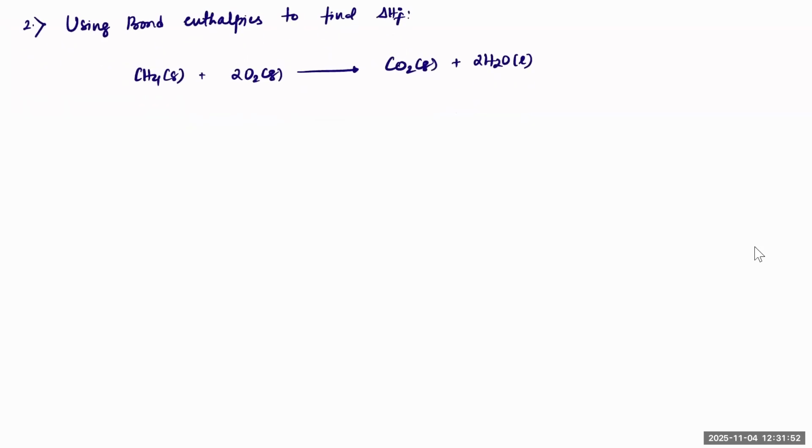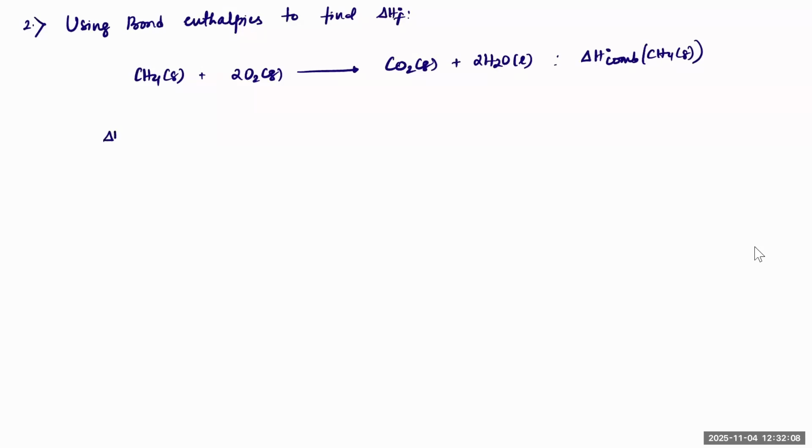This is a good example to understand. This is delta H naught of combustion of methane. Now you notice the combustion reaction can be written in many different forms.